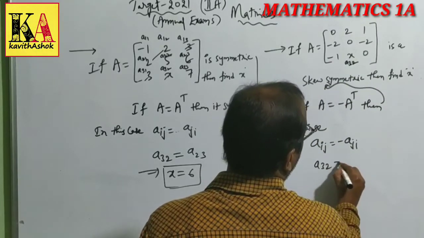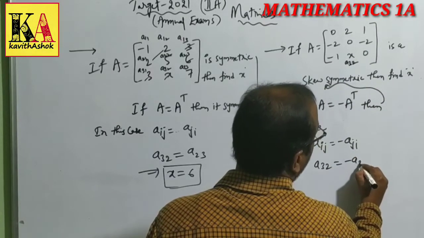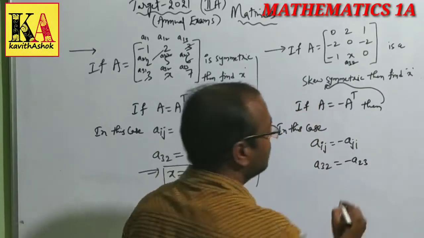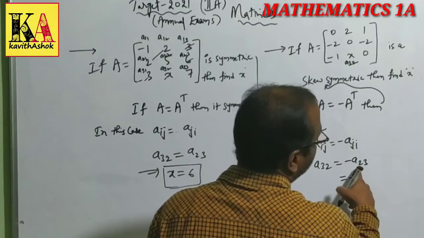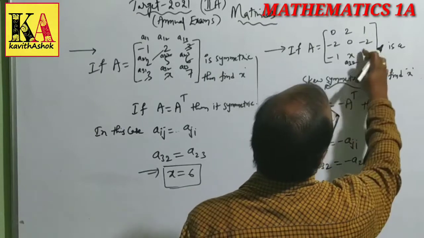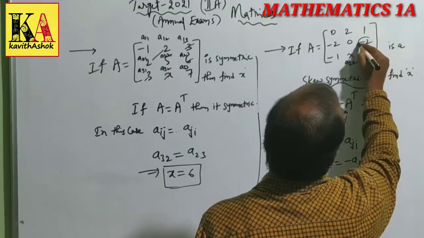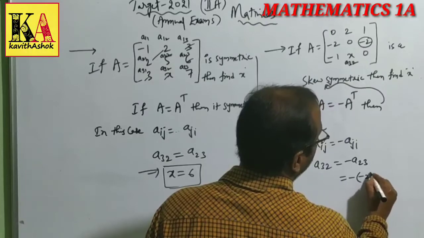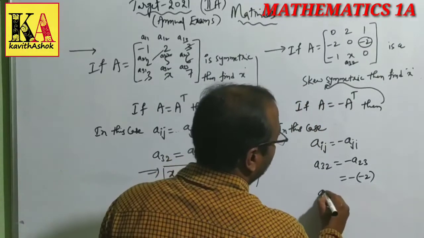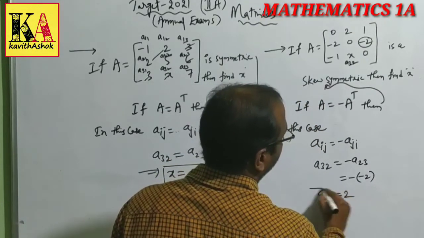A32 we want. According to this, it is minus A23, which is the second row, third column element. So minus of minus 2. So then A32 is equal to 2.